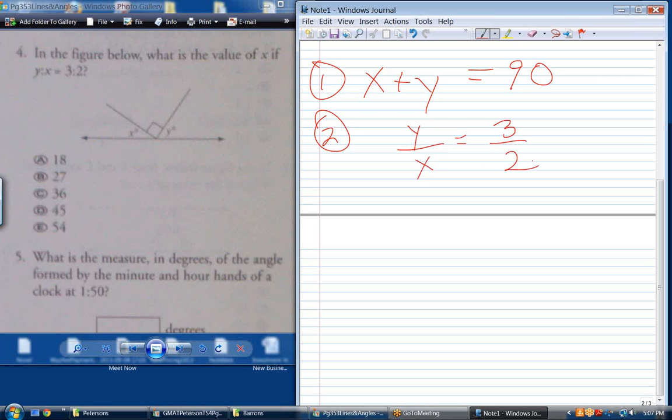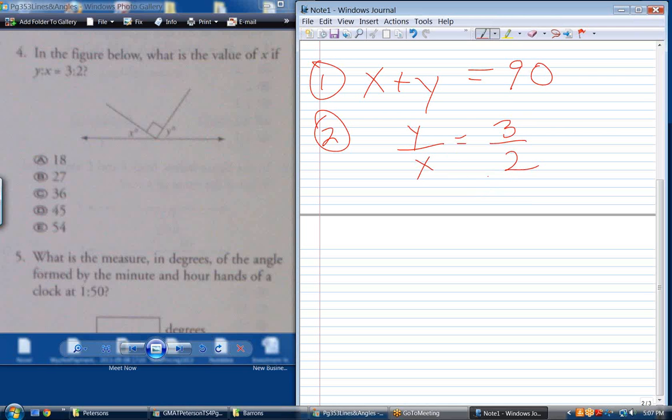Exactly. Now when I have two equations and two unknowns, I can always solve it by a variety of methods. But you definitely want to be able to solve two equations and two unknowns. You solve for one, and then you put it into the other. So, for example, you need to find x.